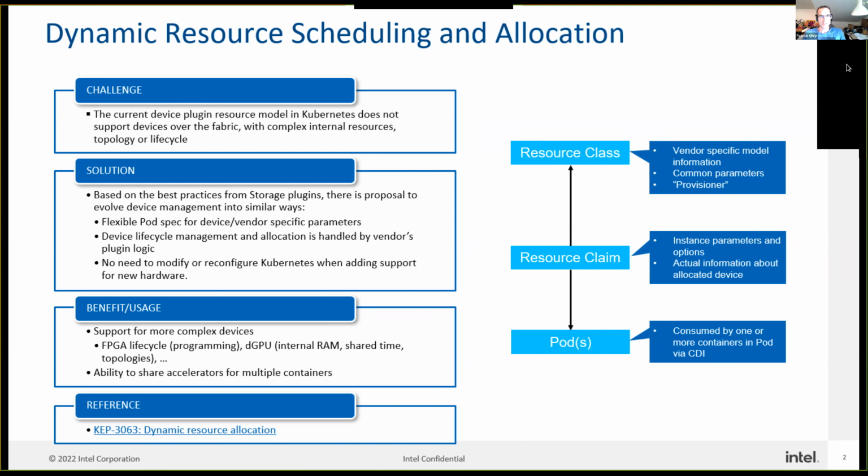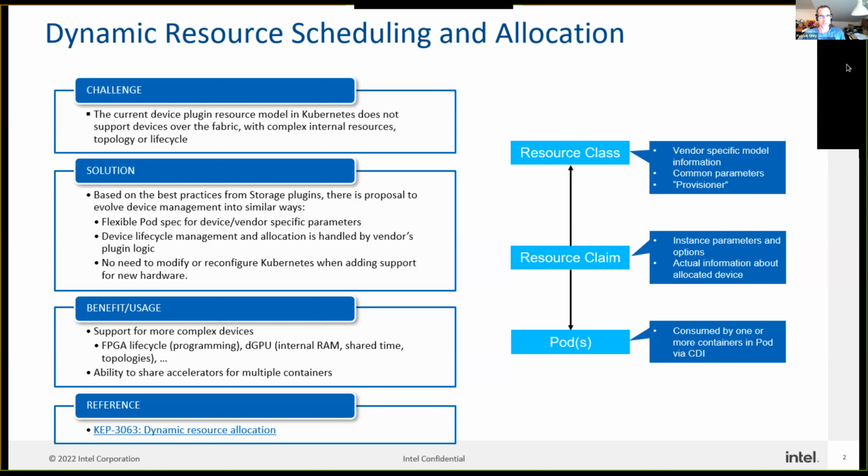All of that leads us to an approach where we are trying to do something that is closer to how storage handles a volume. So we have a concept of a resource claim that matches the persistent volume claim.